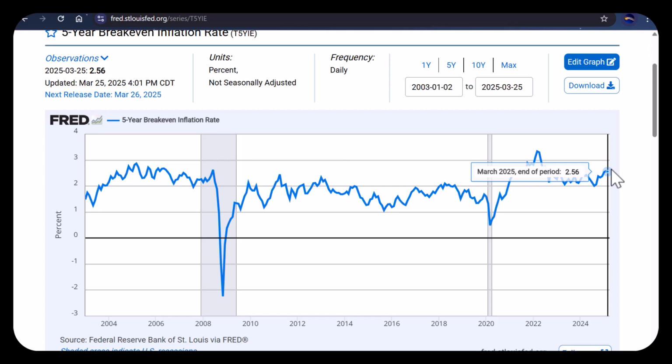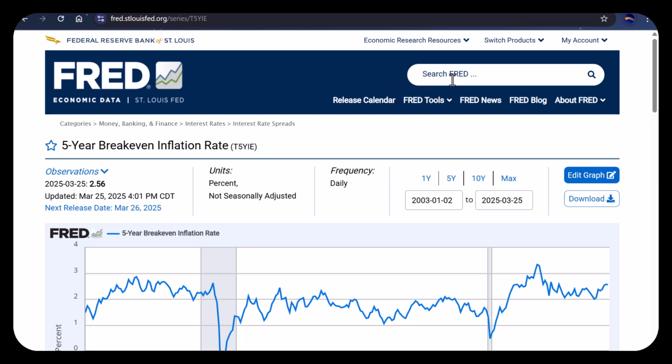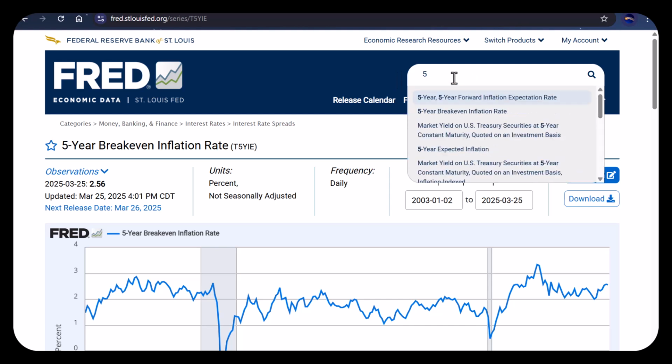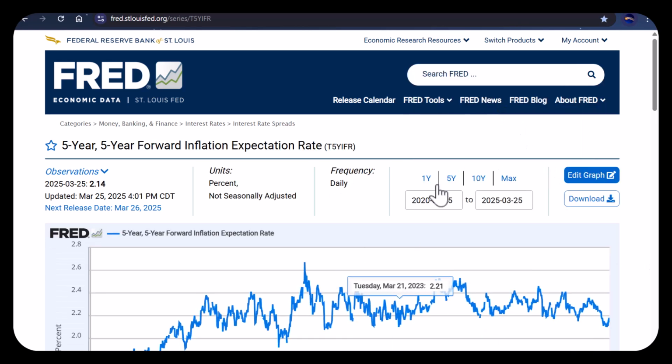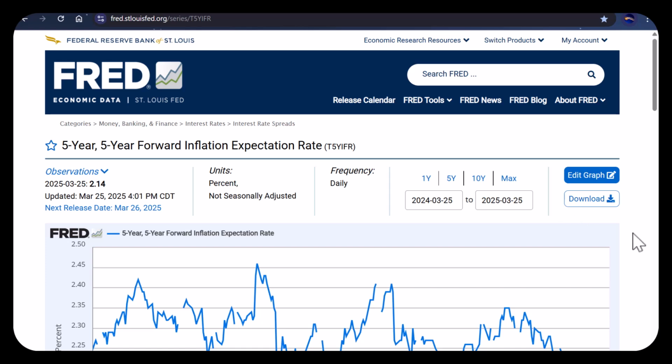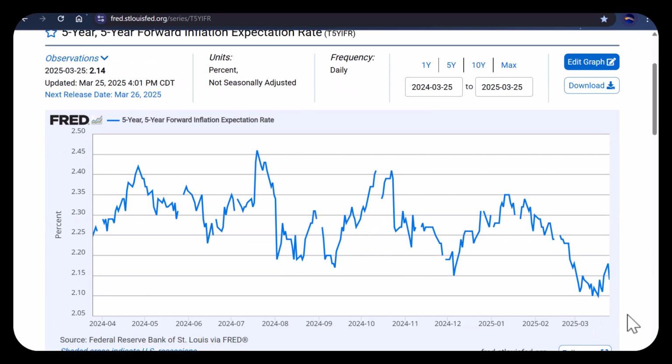You can do similar stuff with 10 years, but I tend to look at 5 years, 5-year forward inflation. So let's just look at the last 1 year of this. This is what market thinks inflation is going to be for the 5-year period, 5 years from now.